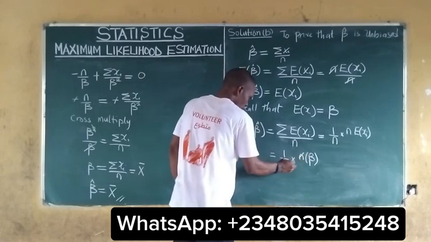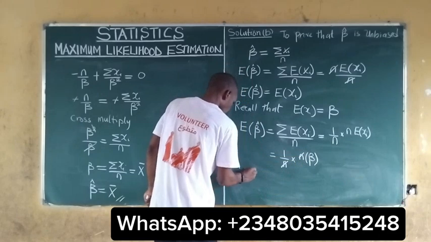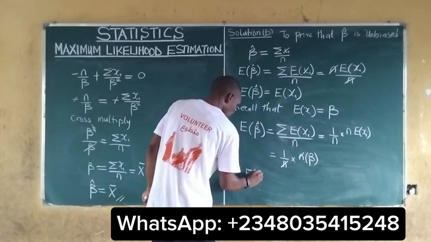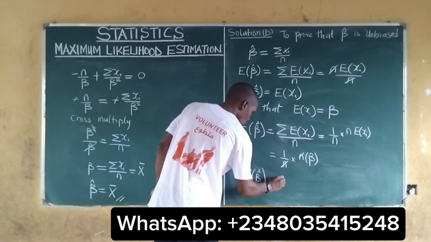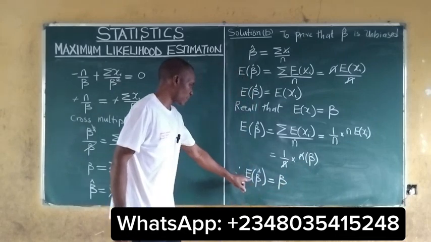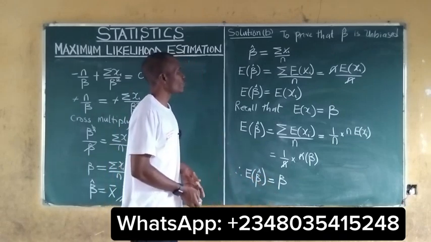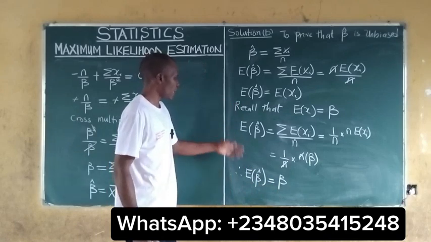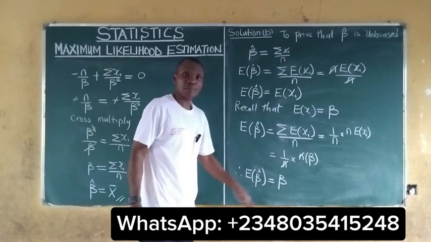So of course this can cancel this. It then means that the expected value of beta estimate is equal to beta, showing that this is an unbiased estimator. So this is how we can show that the estimator is unbiased.